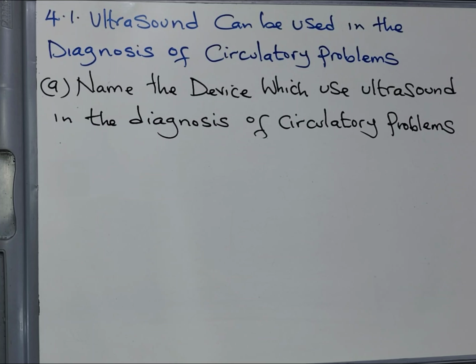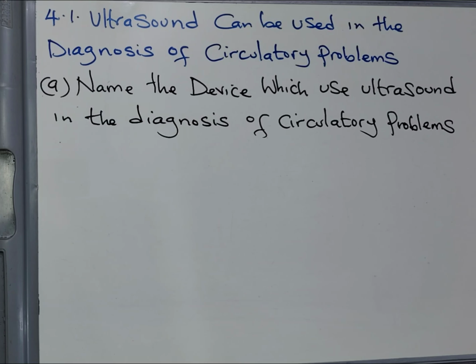So which device do we use in the diagnosis of circulatory problems? And that device which uses ultrasound is called Doppler flow meter.